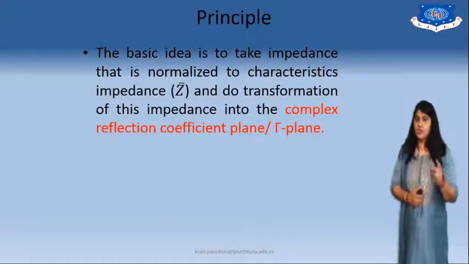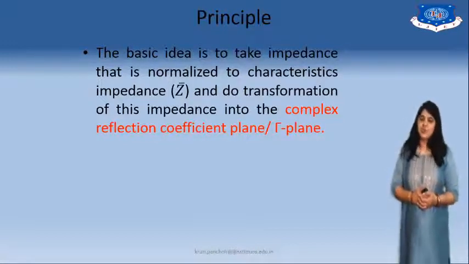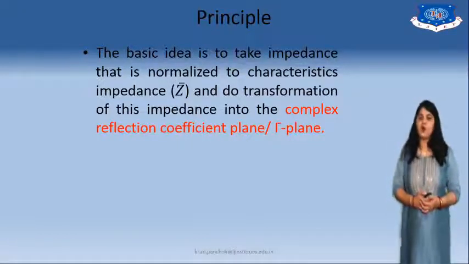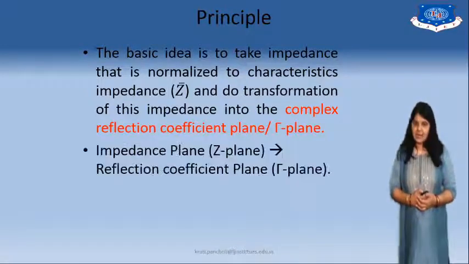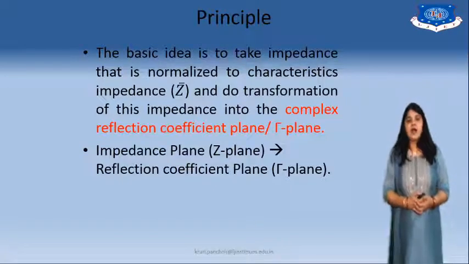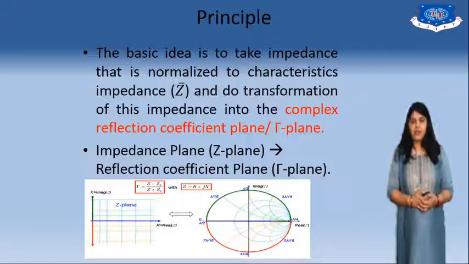Whatever values are given to you, to plot those values onto the Smith chart, we need to normalize them first, by dividing by the characteristic impedance, to do the transformation of the impedance into the complex reflection coefficient plane, that is the gamma plane. So one is the impedance plane and another is the reflection coefficient plane. So two planes are there.